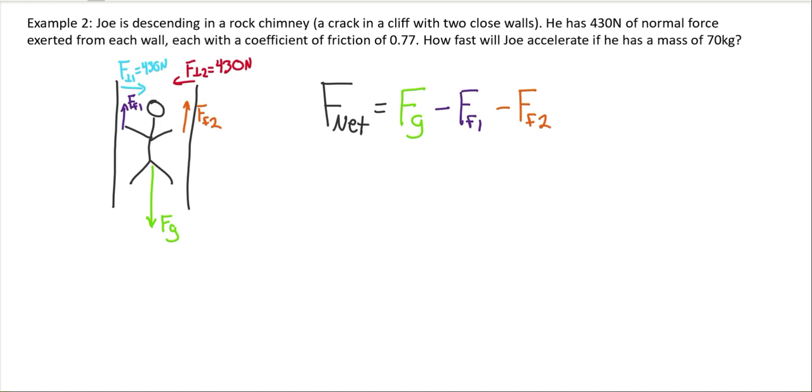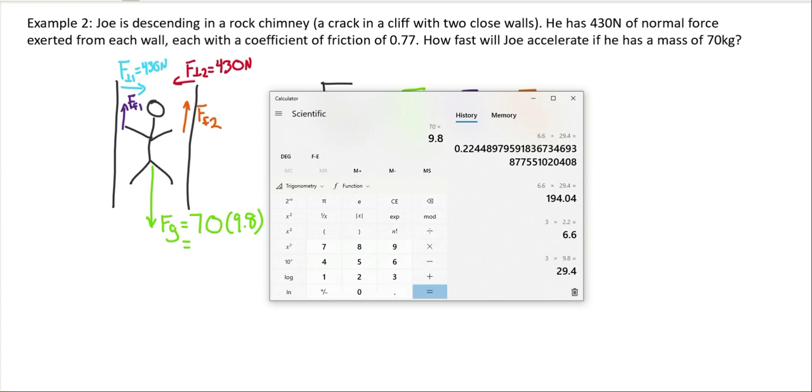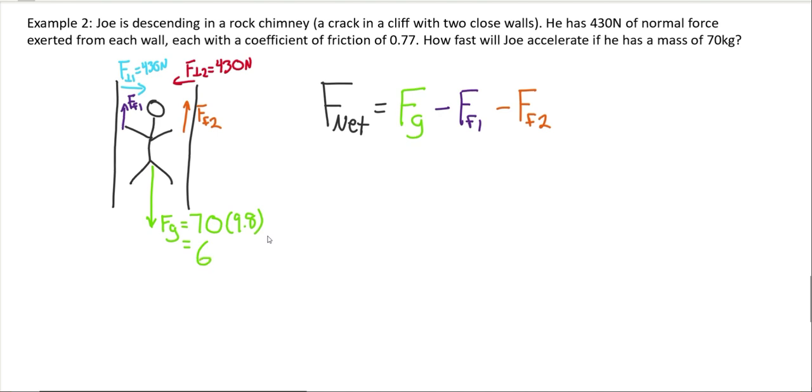Now, I don't know any of these numbers, but we can take some time to figure it out. This force of gravity is going to be 70 times 9.8. So that's 686 newtons. If I want to know how big force of friction 1 is, force of friction 1 is the coefficient times the normal force.